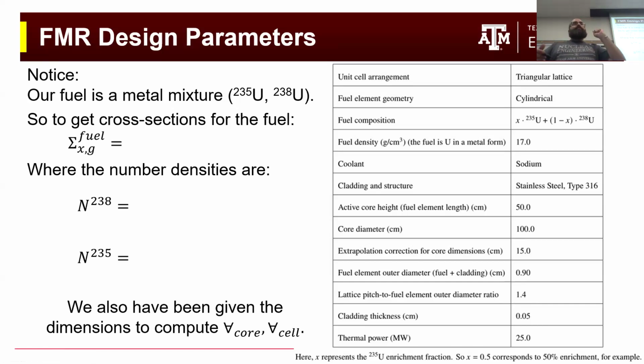So if I know the cross section for my uranium 235 and I know the cross section for my uranium 238, those cross sections would be additive to give me an overall cross section for my fuel. And if I wanted to get the macroscopic cross section for uranium 235, what two things do I need to multiply together?